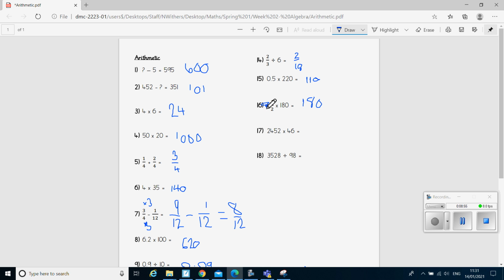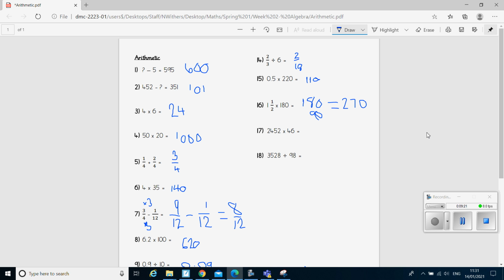I'm going to scribble the 1 out, which is a half times 180, or what is a half of 180? Half of 180 is 90. Now to find out then what 1.5 times 180 is, I need to add these two numbers together. So 180 add 90 gives me the answer 270.